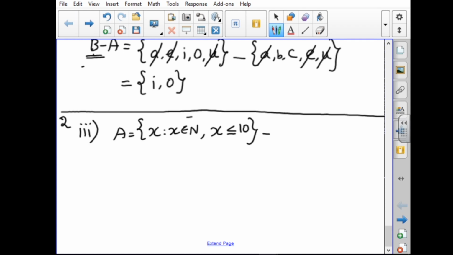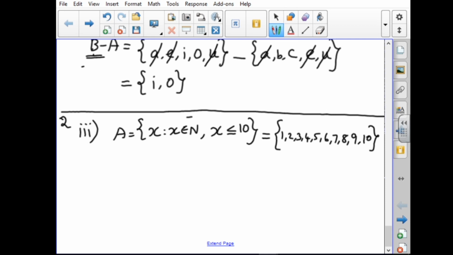So that means what are the elements of A up to 10? 1, 2, 3, 4, 5, 6, 7, 8, 9 and 10 also included, because less than or equal to. And x belongs to N means natural numbers started from 1.